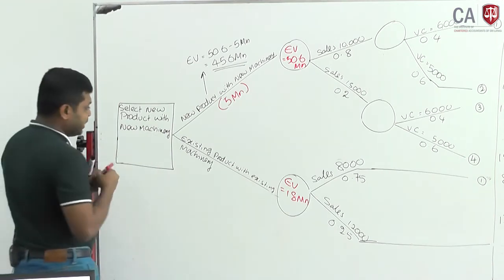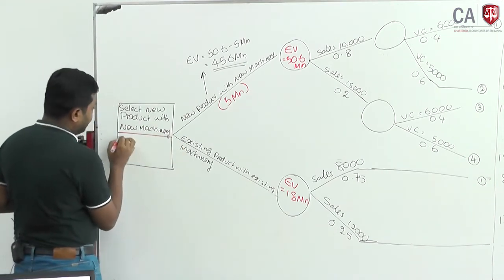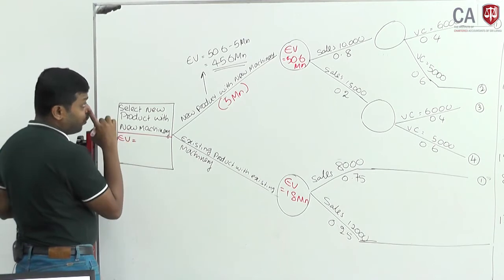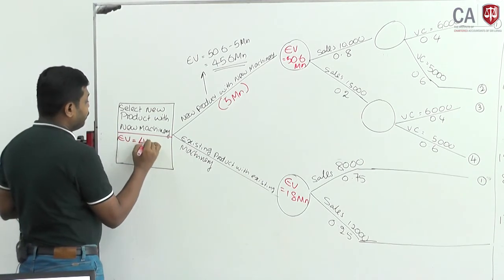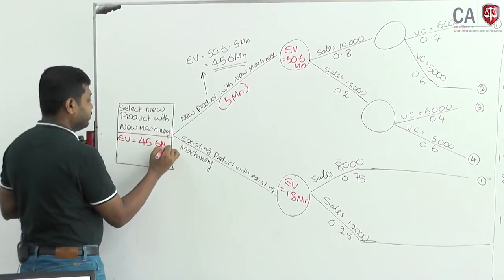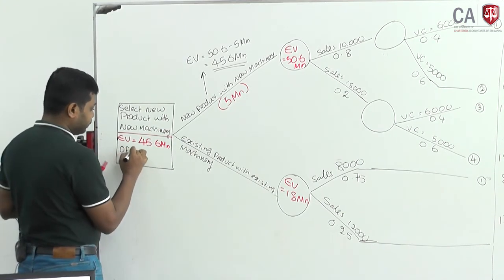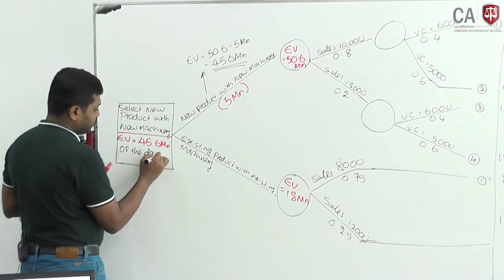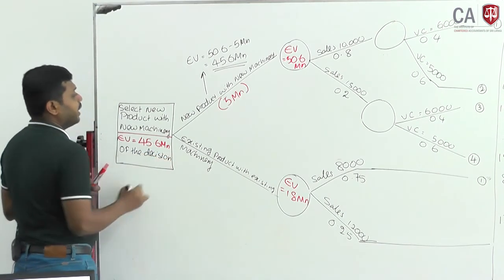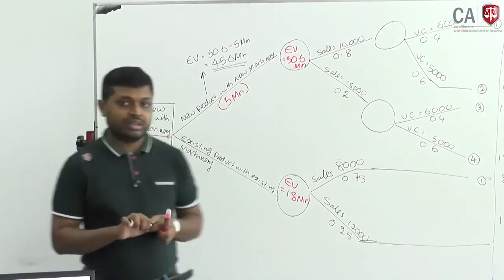Your expected value of the decision is 45.6 million. Expected value of the decision.